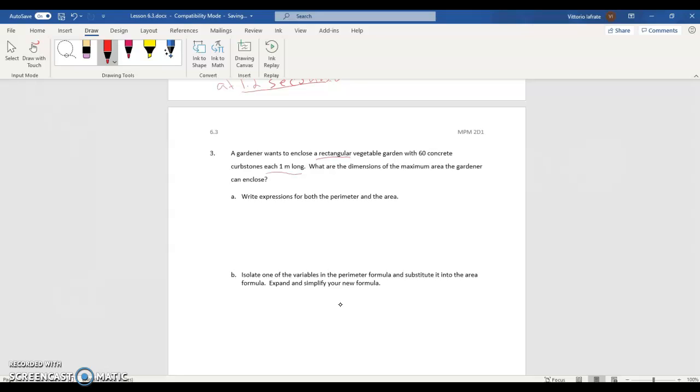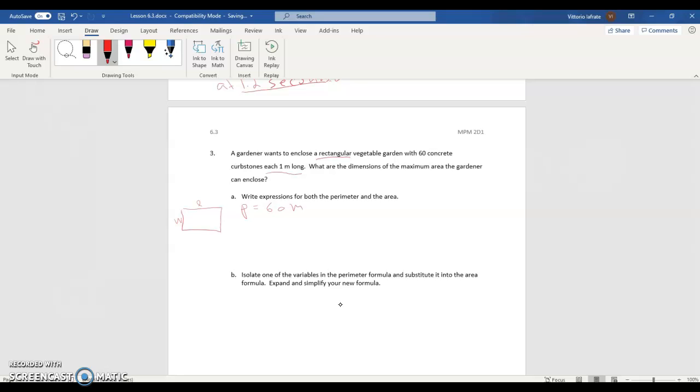So let's go take a look at this. So we know that the perimeter is going to be 60 times 1 meter. So our perimeter is going to be 60 meters. And we know it's a rectangle with a length and a width.